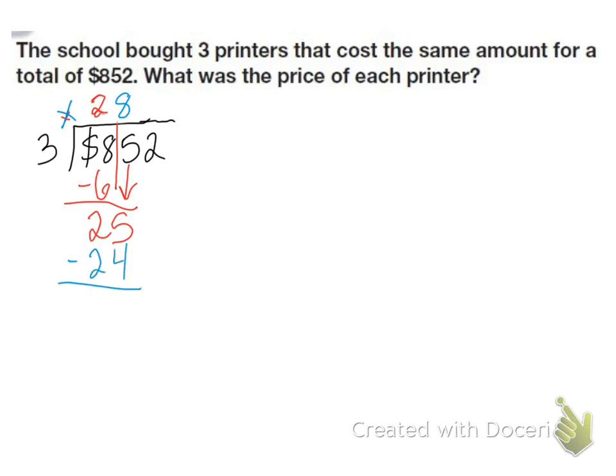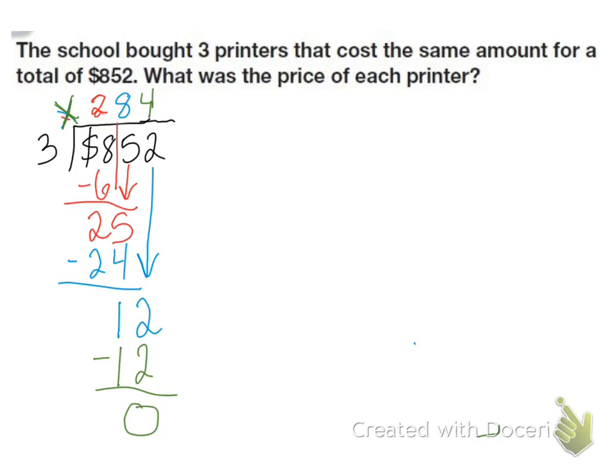Then I subtract, and 25 minus 24 is 1. And then I bring down the next number, 12. So I think, 12 divided by 3 is 4. 3 times 4 is 12. 12 minus 12 is 0.